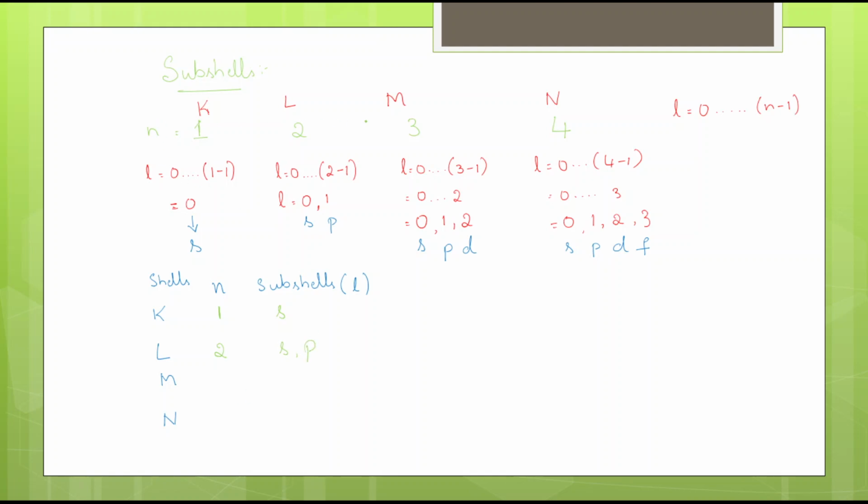If the N value is 3, then L will be 0, 1 and 2, that is S, P and D. That is M, which is nothing but N equal to 3. We have S, P and D. If the N value is 4, L will be 0, 1, 2, 3, so it is S, P, D and F. You should remember this tabular form.